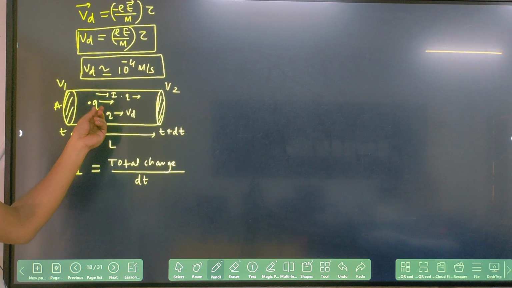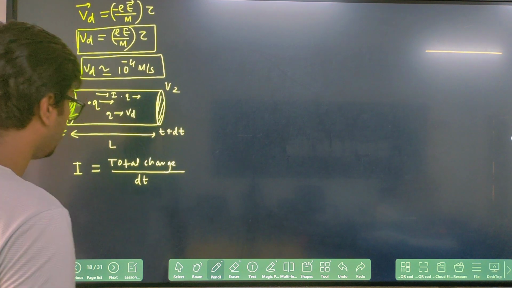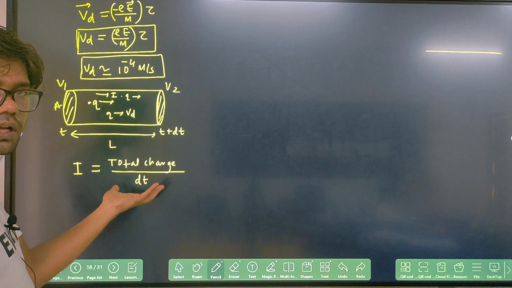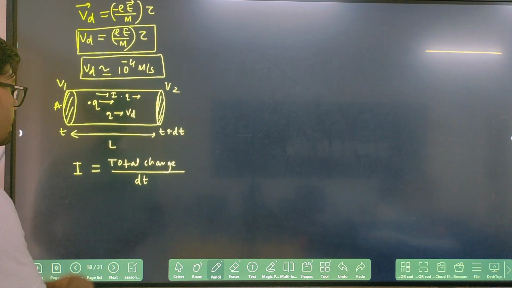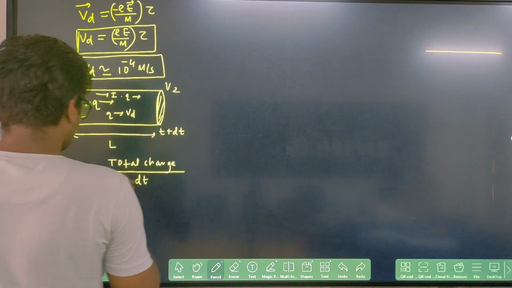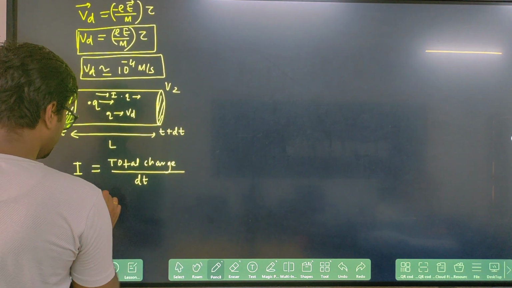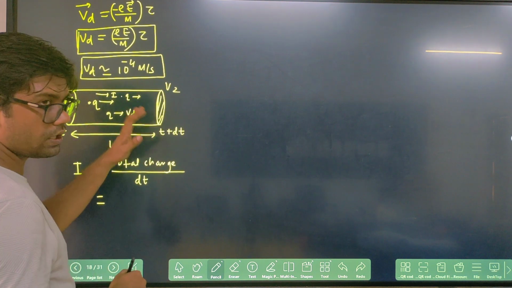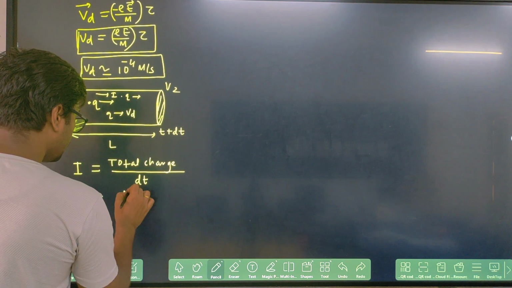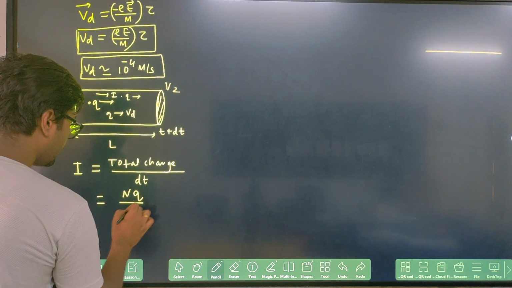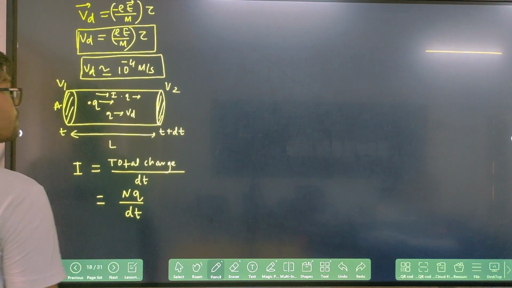I am only taking the positive charge, and later we will put the negative charge, q negative, and we will get the current due to the electron also. So the total charge flowing through this conductor can be written as n into q, where n is the number of charges here, divided by dt. Clear?